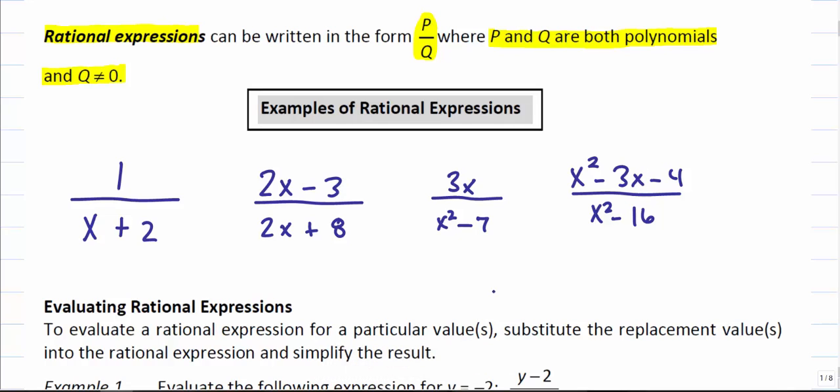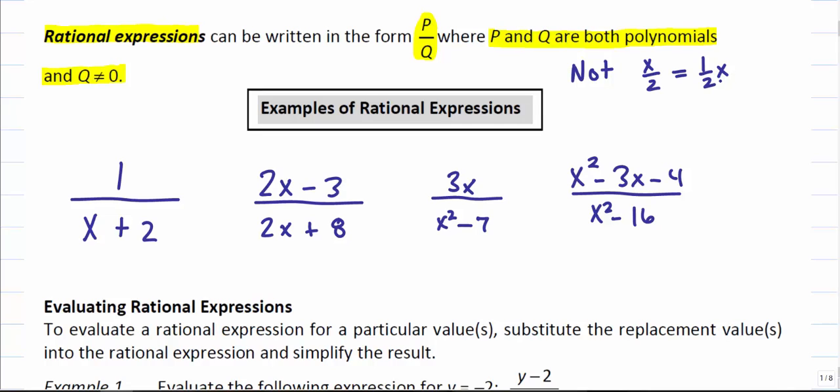Okay, so these are examples of rational expressions, and rational expressions are just two polynomials that are being divided. Now, as a little side note here, not something like x divided by 2, because x divided by 2 is really the same thing as 1/2 x.